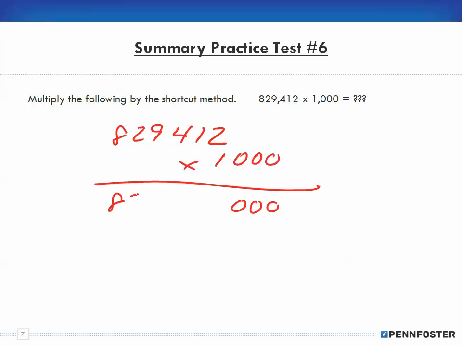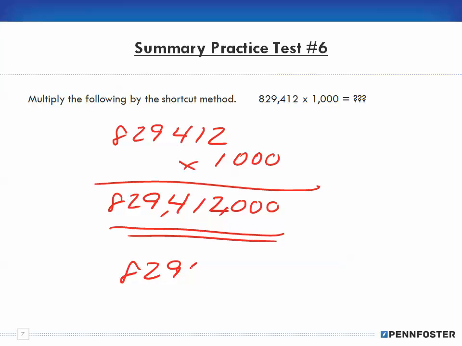And so I have 829,412,000. Even shorter, I wouldn't actually write it all out. All I would do is write 829,412, knowing that it's 1,000, and add the 3 zeros to the end, because 1 times that number is still that number. That's even shorter.